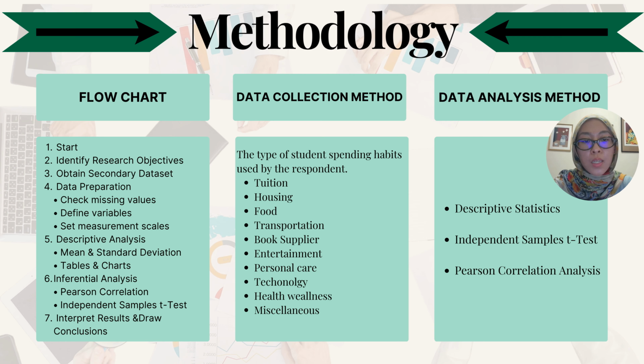Lastly, the data analysis methods included descriptive statistics to summarize spending patterns, the independent sample t-test to compare the spending habits between female and male students, and lastly, Pearson correlation analysis to examine the relationship between monthly income and total monthly expenditure.